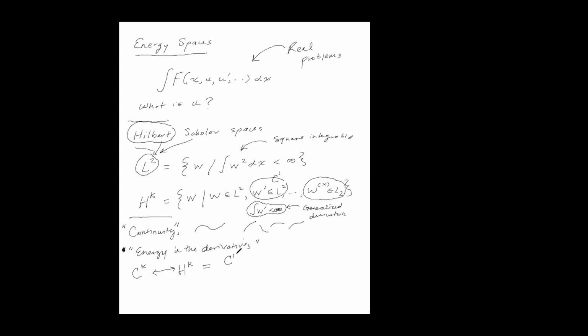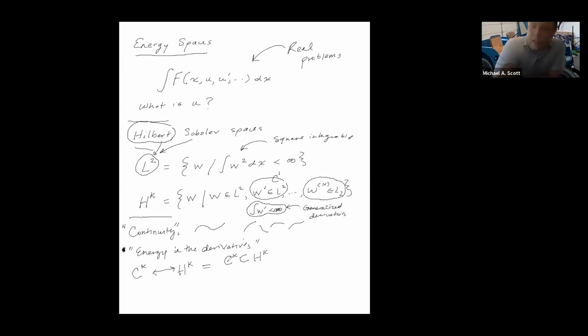And from your notes, it said that there were additional functions that aren't as strongly differentiable. Exactly. Yeah, so CK is contained in HK, and HK has a whole bunch of other functions that are almost CK, except at some isolated points.